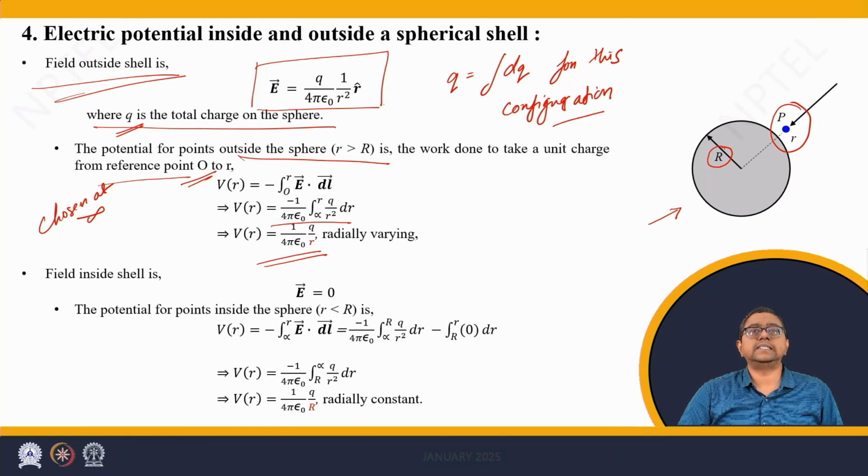Thus, the potential is essentially bringing a point charge from infinity to R.